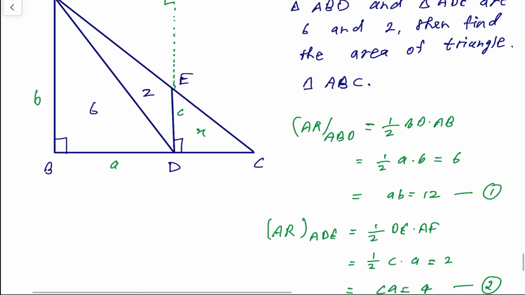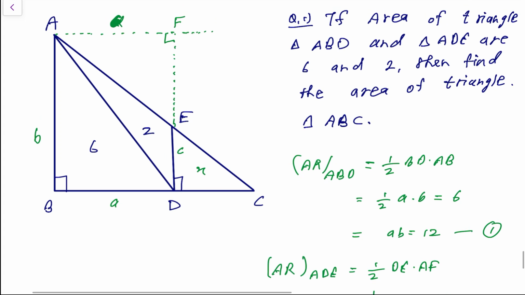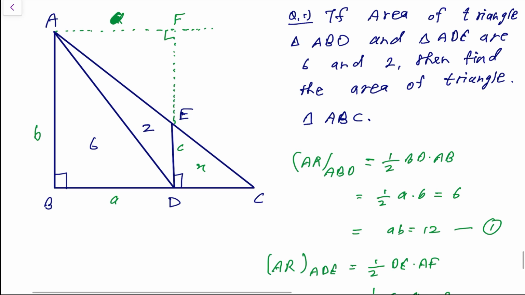Further, in order to find the area of triangle ABC, we will be using the conditions of similar triangles. If we look at triangle ABC and triangle EDC, angle B and angle D are both 90 degrees, and angle C is common.